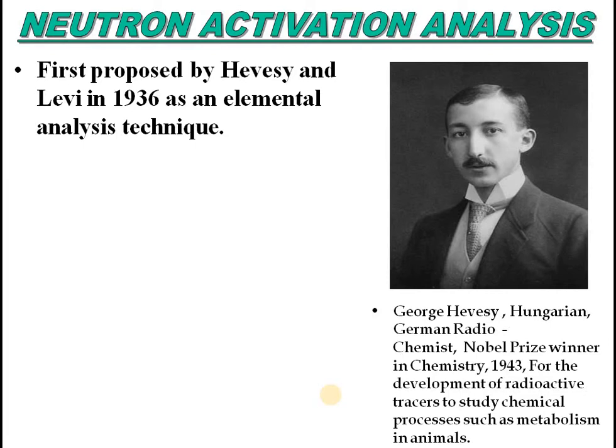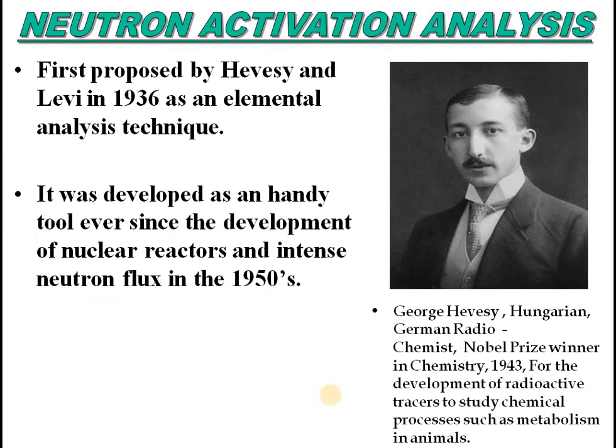In the modern scenario, it is an ultra-modern, highly sophisticated, very precise nuclear technique to identify different elements. Almost around 80 elements in the periodic table can be very conveniently identified by using this technique.